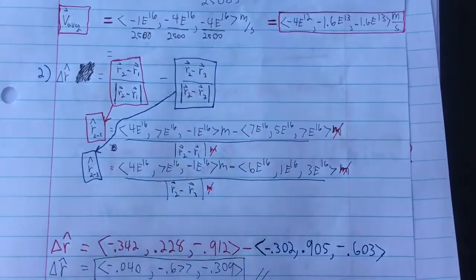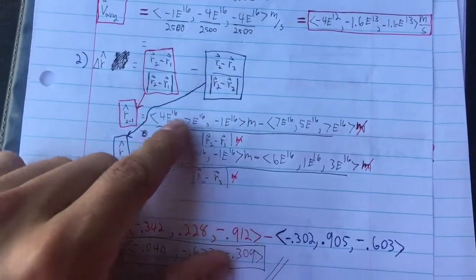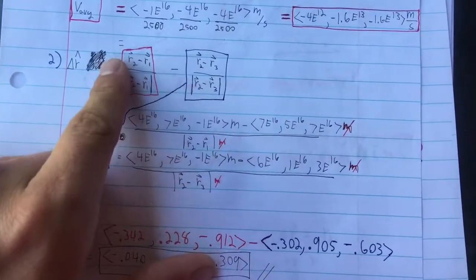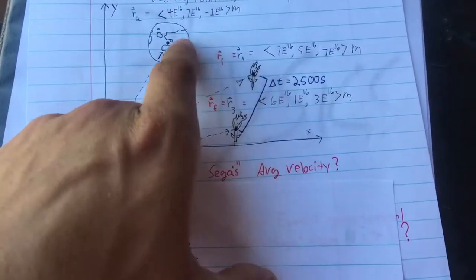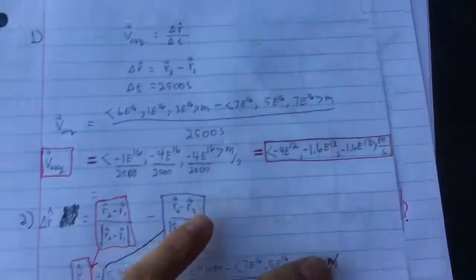And for part 2, we're asked to find the change in direction of the unit vector from Rocket Sega to Earth. We see that our vector is pointing in this direction in the first position and in this direction in the second position.